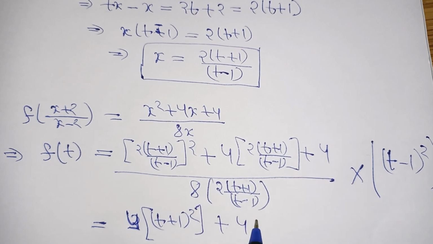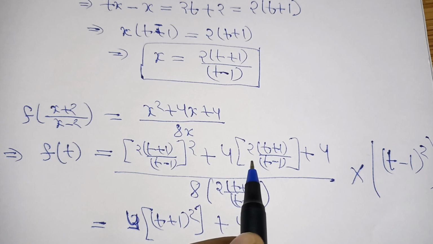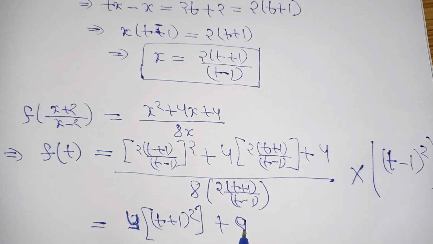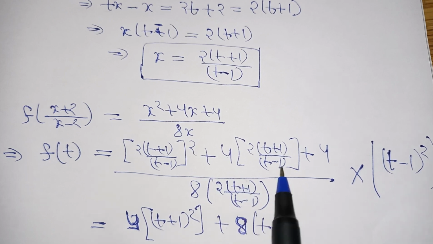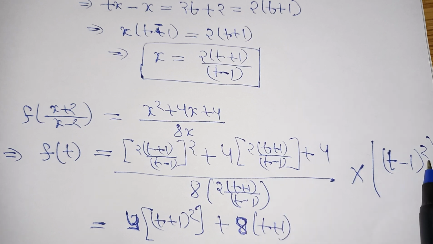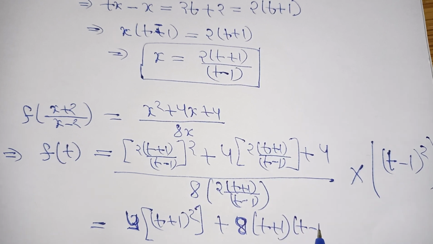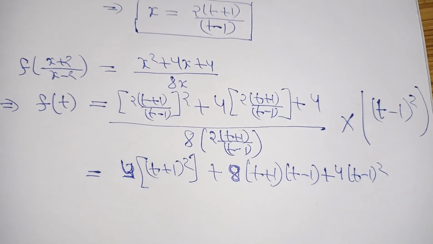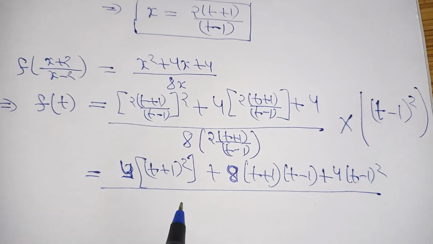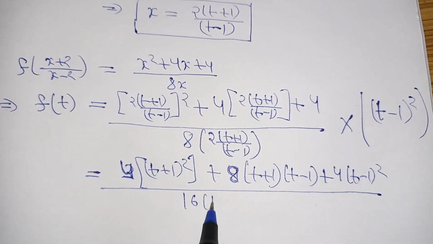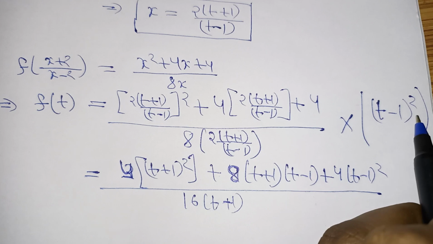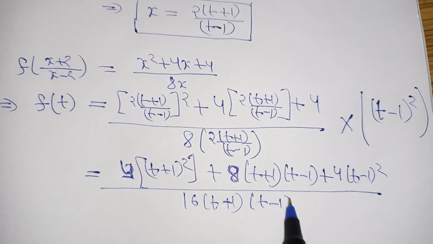Then plus 4 and 2 inside, by taking outside we have 4 into 2, that is 8, and then we have (t plus 1) into (t minus 1), and plus 4 into (t minus 1) whole square, divided by 8 into 2 is 16, (t minus 1) (t plus 1), and (t minus 1) into (t minus 1) whole square will be (t minus 1).